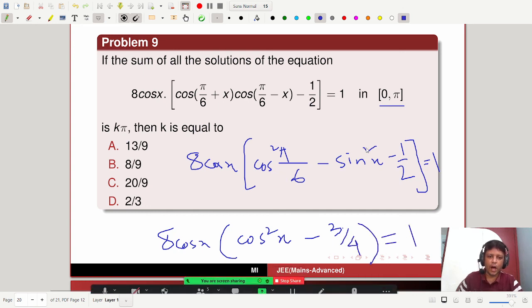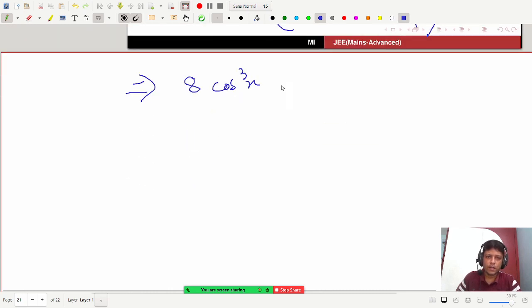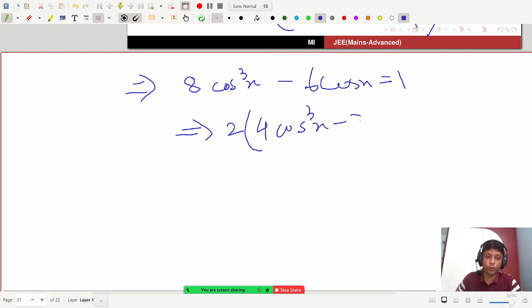Now you can do the simplification and solving. If you expand, you have 8 cos cube x, because you have cos x outside, minus 6 cos x equal to 1. If you take 2 common, that is 4 cos cube x minus 3 cos x equal to 1. Look at that, you have a multiple angle formula.